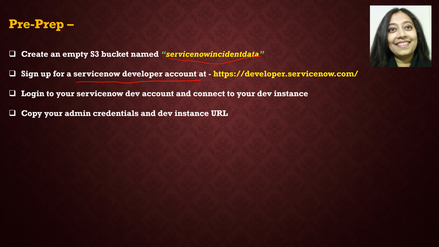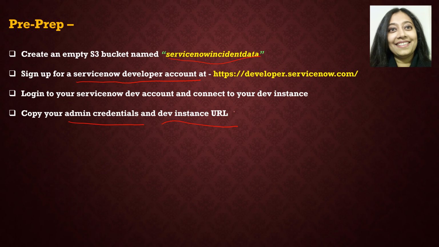Once you have finished your sign up, log into your ServiceNow account and connect to your dev instance. After connecting, ensure that you copy your admin credentials, that is a username and password, and also the URL to your dev instance. Okay, so this is the pre-prep that you need to finish before continuing further ahead.